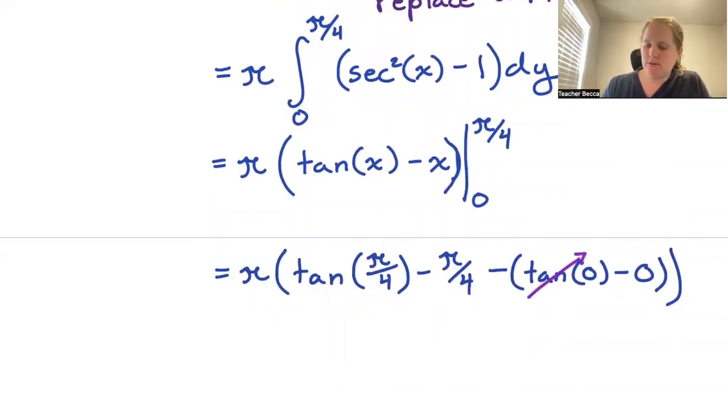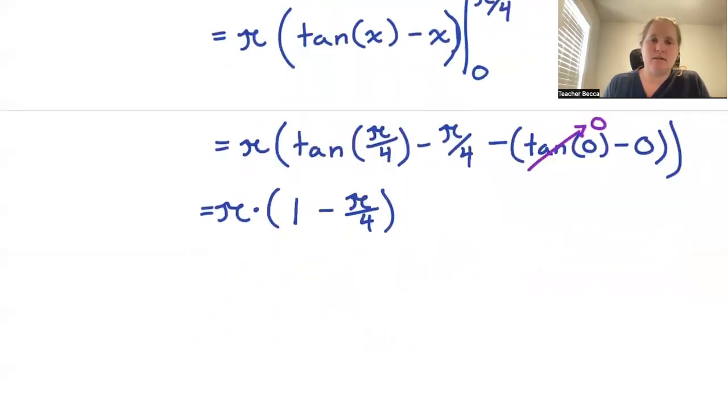Tangent of 0 is 0. So we are looking at pi times tangent of pi over 4, which is 1. Sine of pi over 4 and cosine of pi over 4 are both root 2 over 2. So tangent of pi over 4 is 1, then minus pi over 4, that whole thing being multiplied by pi.